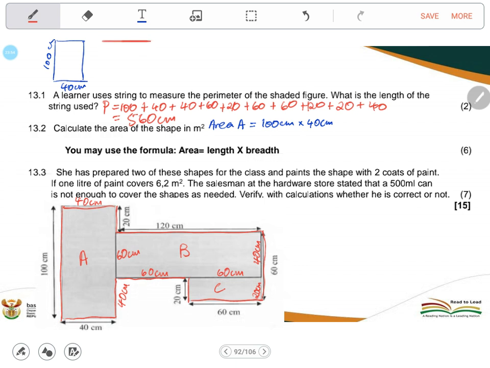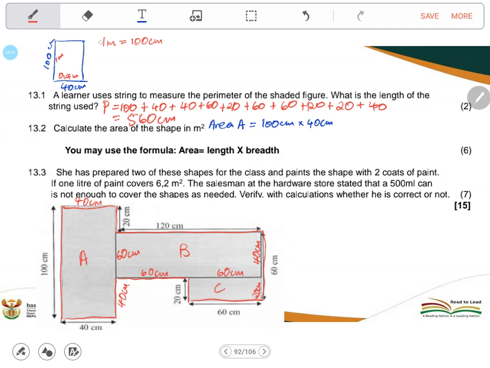We know that 1 meter is equal to 100 centimeters, so we divide this 40 by 100 and get 0.4 meters, and this 100 we divide by 100 and get 1 meter.